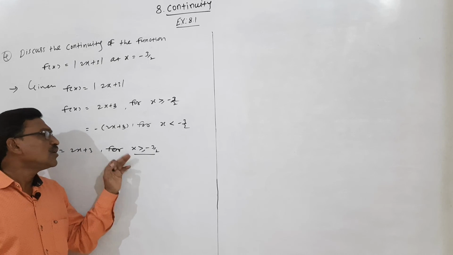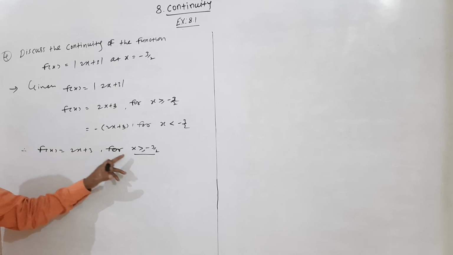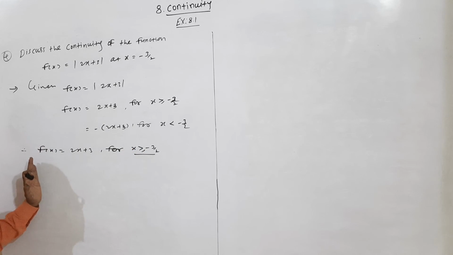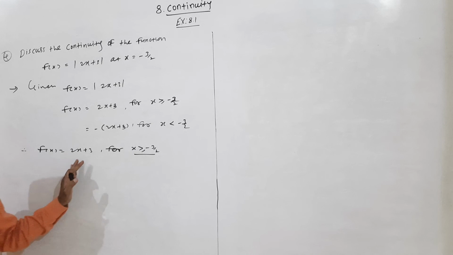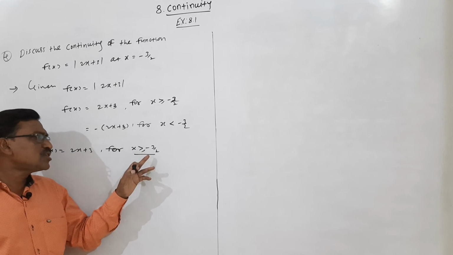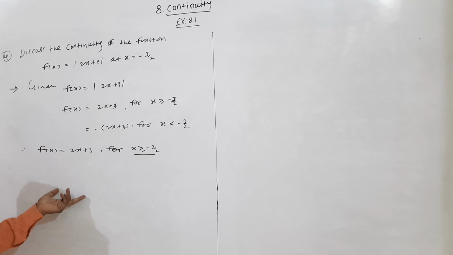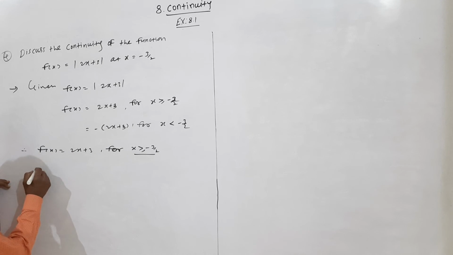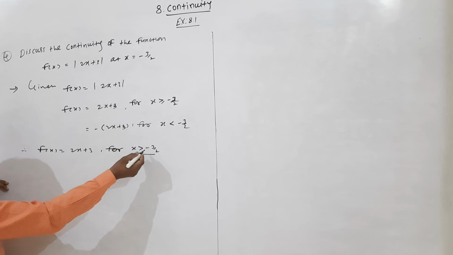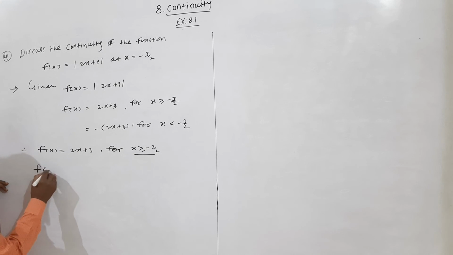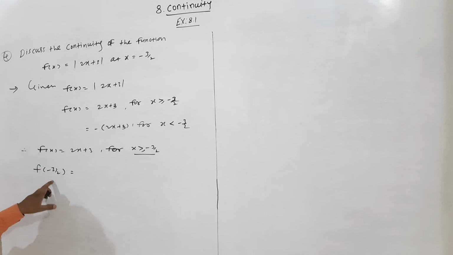So here x is greater than minus 3 by 2, so we take the right hand side limit of this function. At x equal to minus 3 by 2, we also have to find the value of the function at that point, f of minus 3 by 2. Where there is x we put minus 3 by 2.